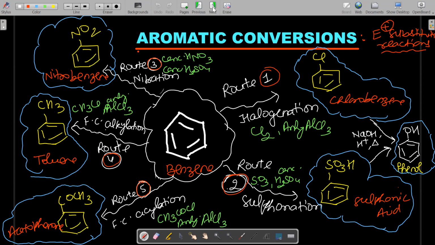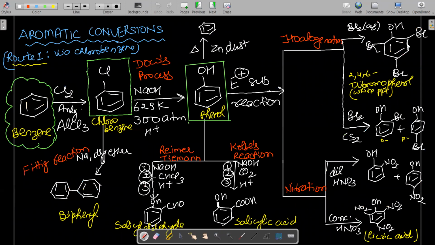In route 1 conversion, what is this? You can see route 1 conversion via chlorobenzene. See the conversion steps. Benzene first reacts with chlorine in presence of anhydrous AlCl3 to form chlorobenzene.